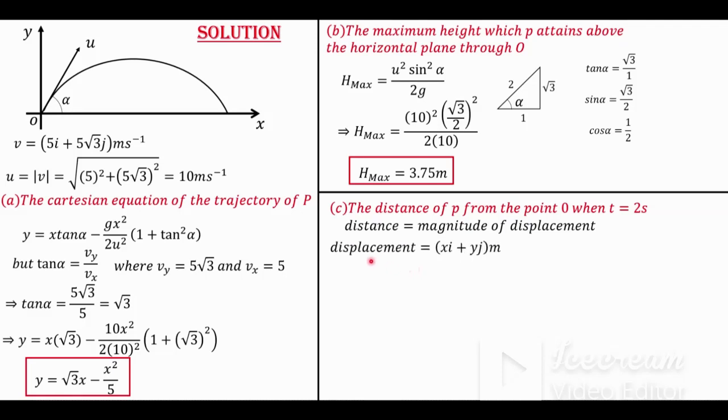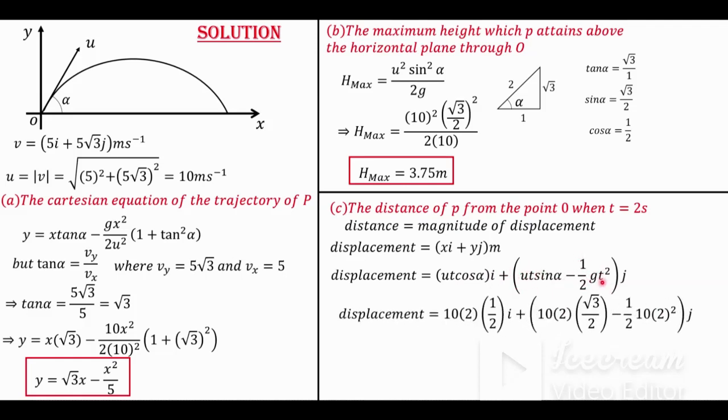We know that our displacement is xi plus yj meters, where x is the horizontal component of displacement and y is the vertical component. Putting those values, we get the displacement to be ut cos alpha i plus ut sin alpha minus a half g t squared j.